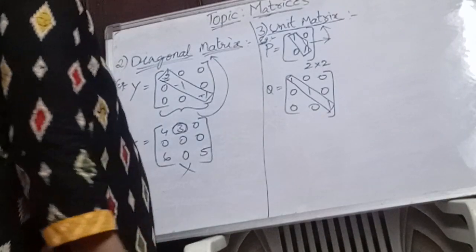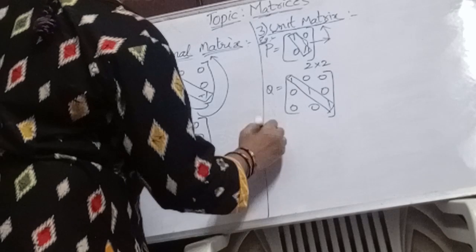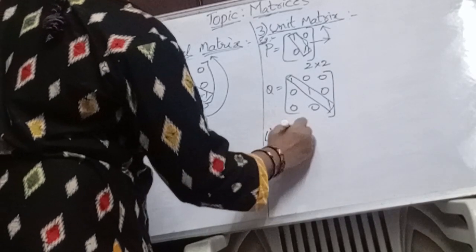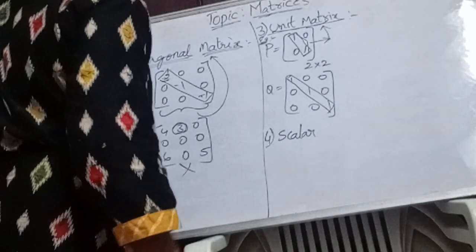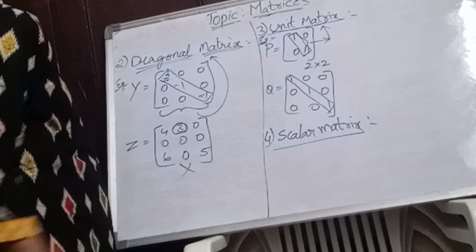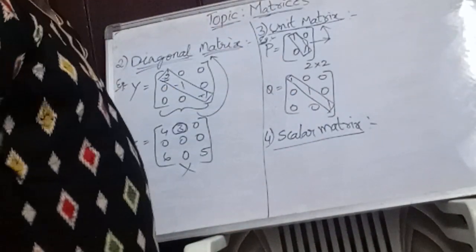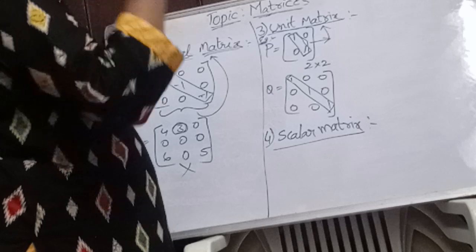Next, coming to the fourth type, the scalar matrix. In the previous example, all the principal diagonal elements were ones.